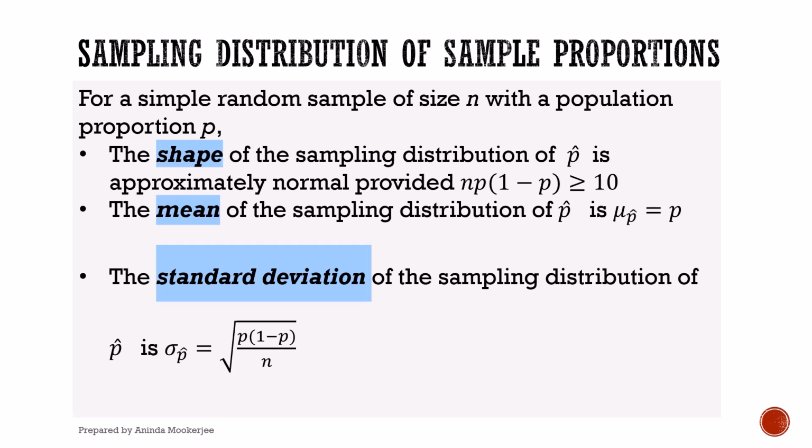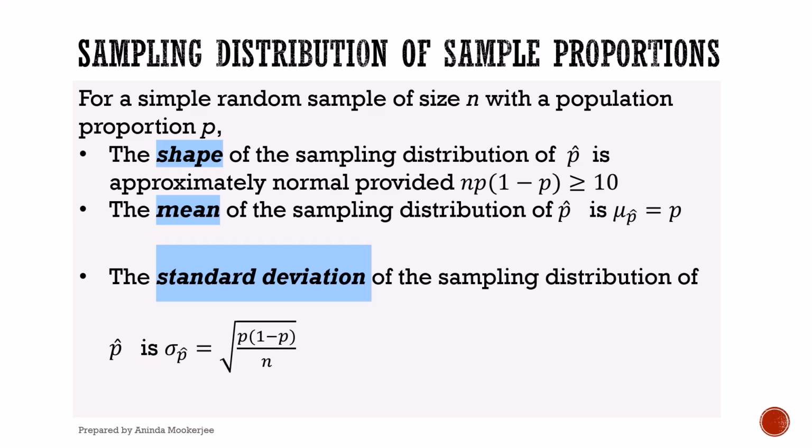So to reinforce, let's go over what we just talked about on the sampling distribution of sample proportions. It says here, for a simple random sample of size n with a population proportion of p, they've talked about the shape first. The shape of the sampling distribution of p hat is approximately normal, provided n times p times 1 minus p is greater or equal to 10.